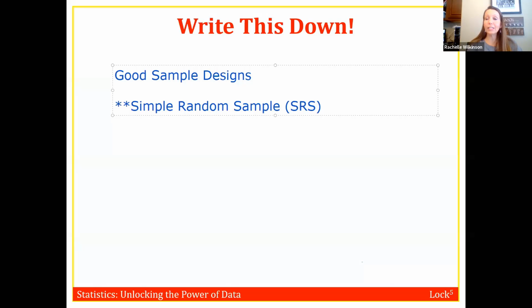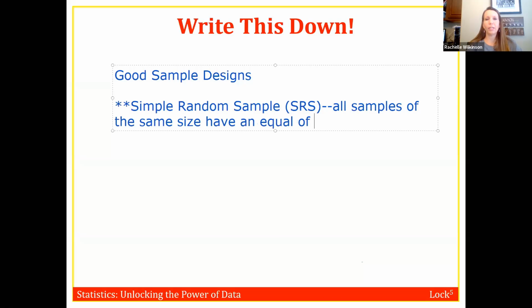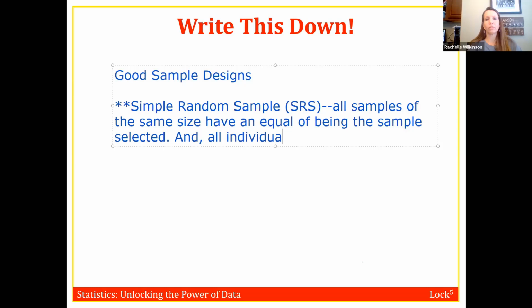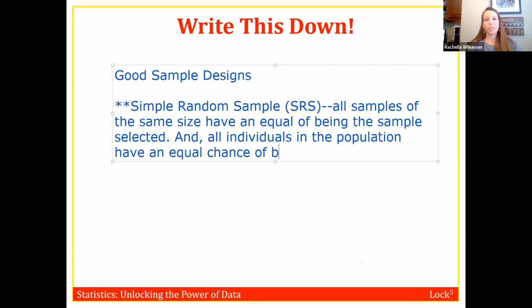that means they took a simple random sample. In a simple random sample, all samples of the same size have an equal chance of being the sample selected. Also, all individuals in the population have an equal chance of being selected.